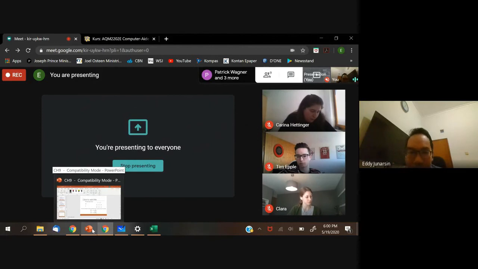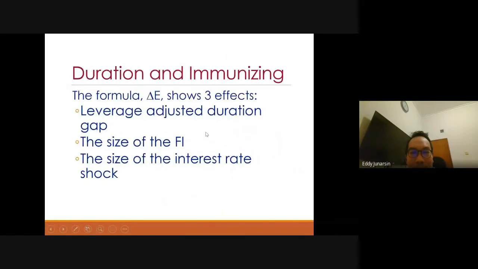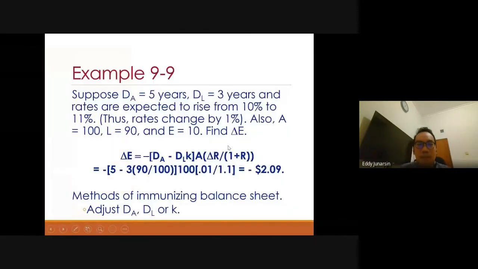So we'll continue a bit, maybe 10 or 15 minutes. We'll try to finish off. So let's see an example quickly here. Duration of assets is 5 years, the whole assets on the balance sheet. Duration of liabilities is 3 years. We put into the equation here. Remember?